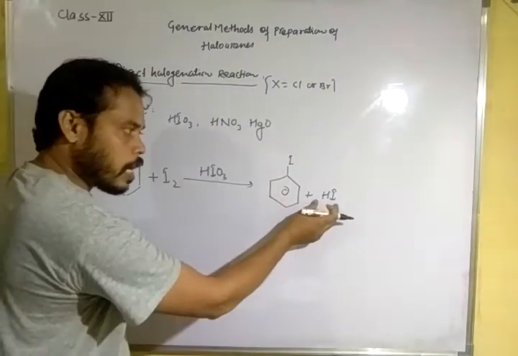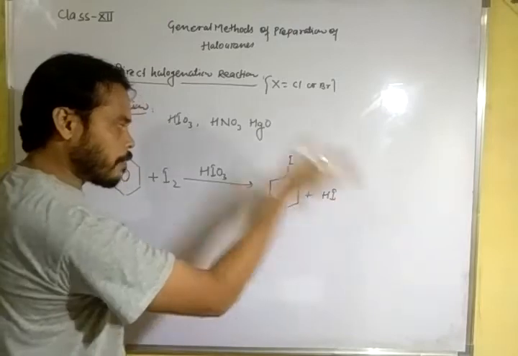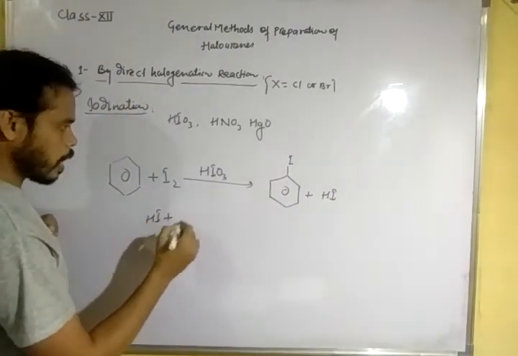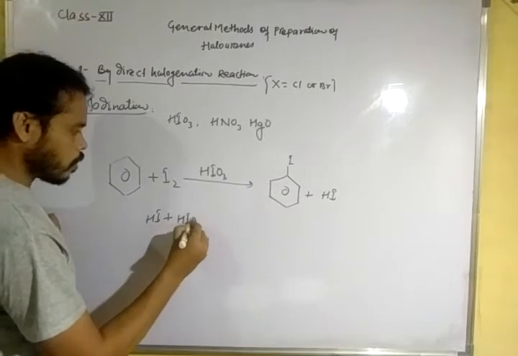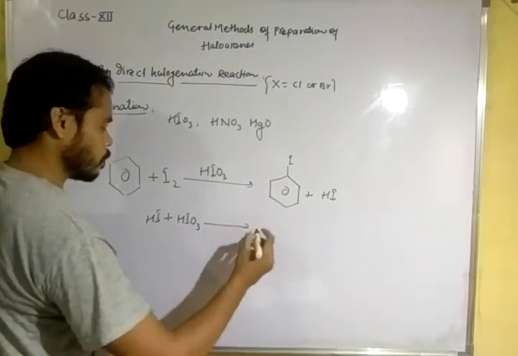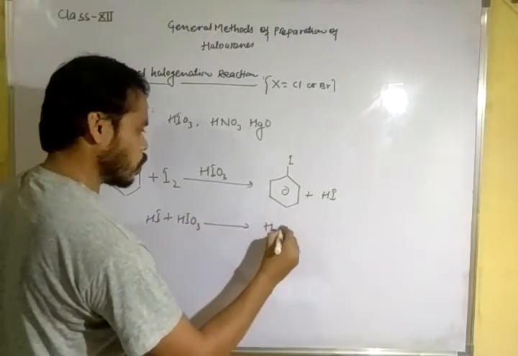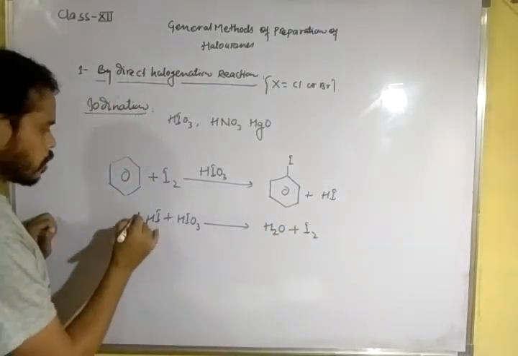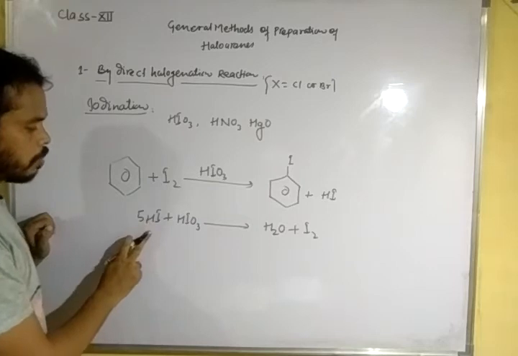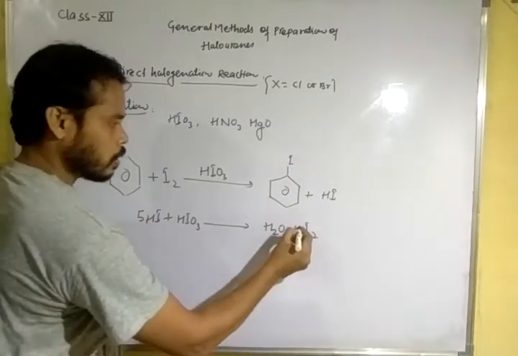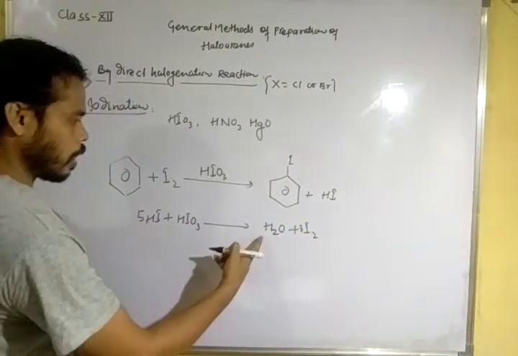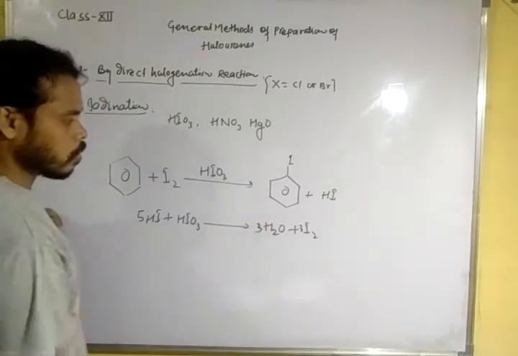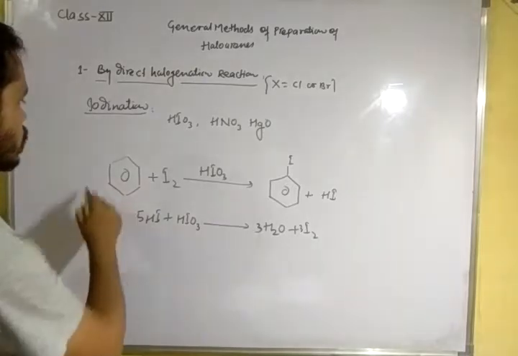The hydrogen iodide formed in this reaction at once reacts with the oxidizing agent to form H2O and I2. Now balance this reaction by multiplying hydrogen iodide by 5 and adding 3. This is the balanced equation, so you can see here.